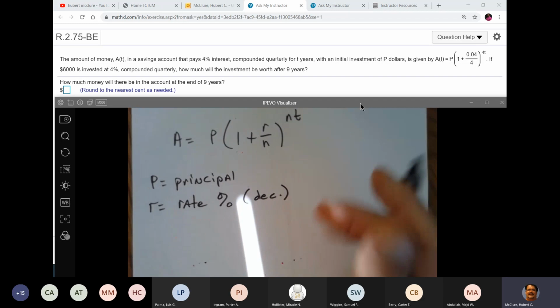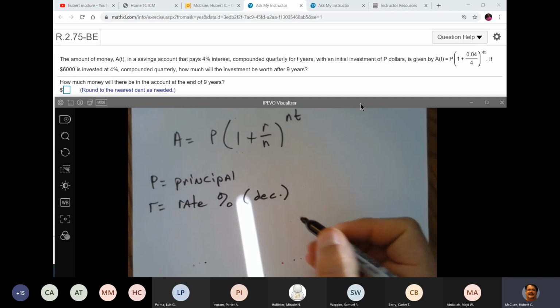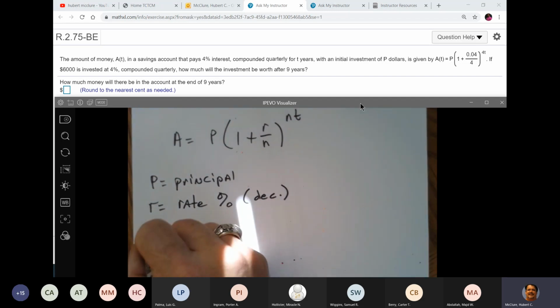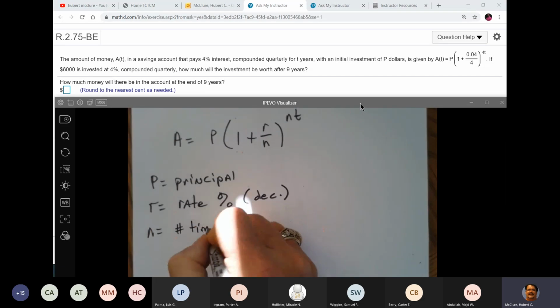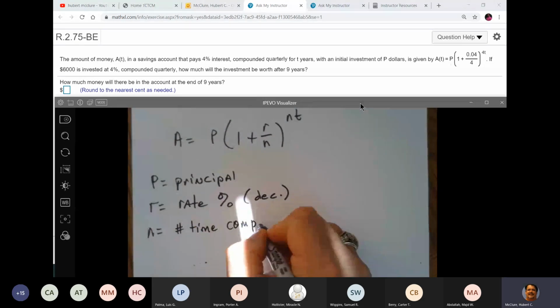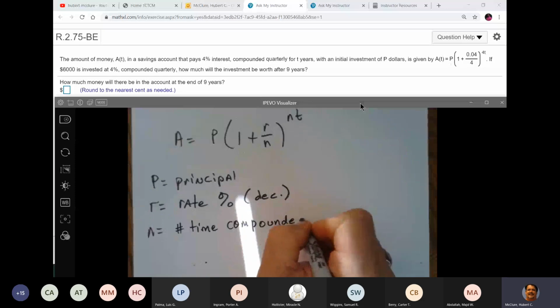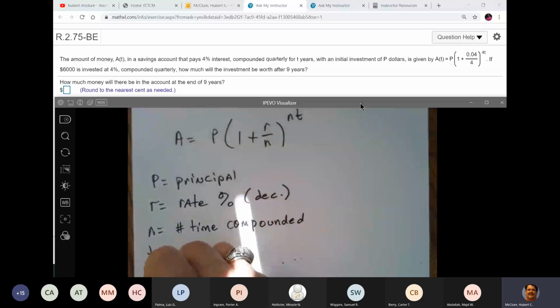N is equal to the number of times compounded in the year. And T is number of years.